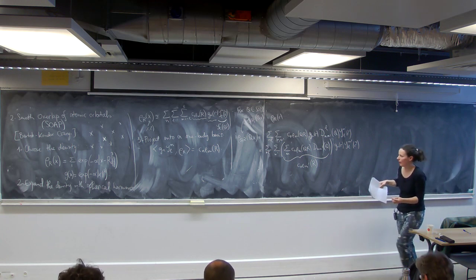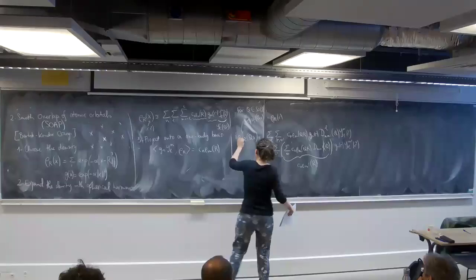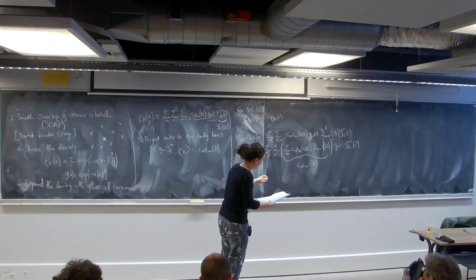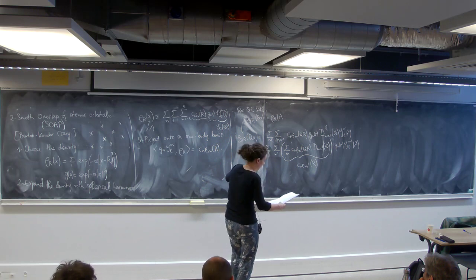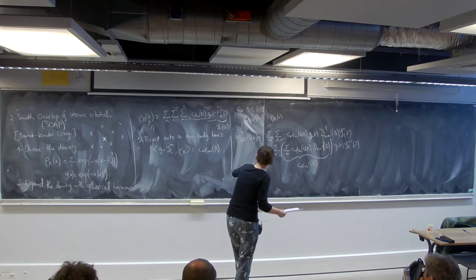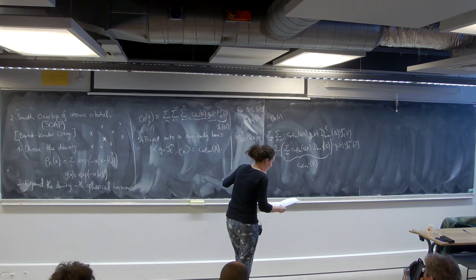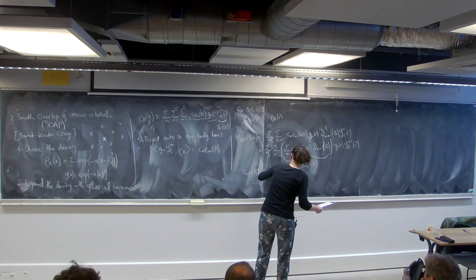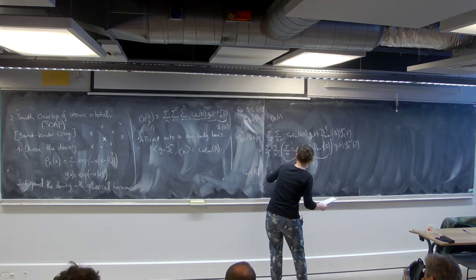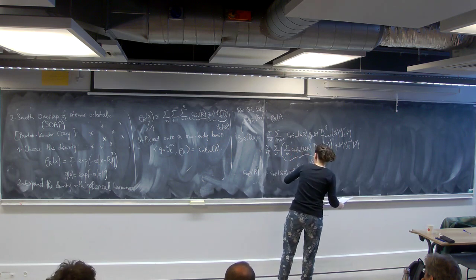And so if I rewrite it a little bit differently, if I consider c_nl as a row vector with all the m's, I have that c_nl(R) is just c_nl(QR) times the Wigner matrix.